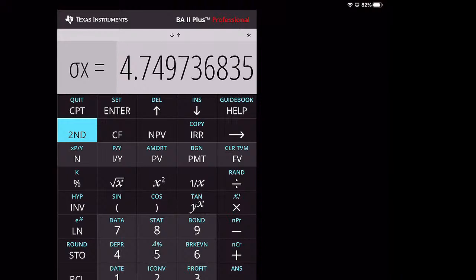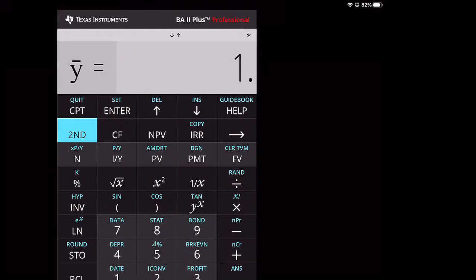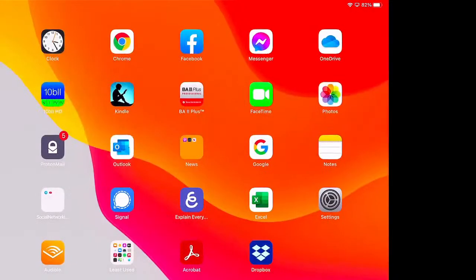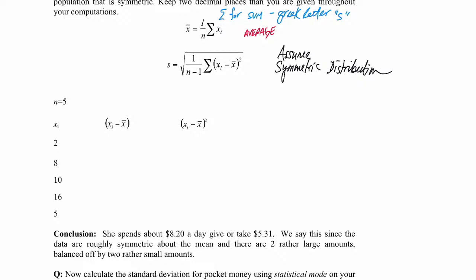So this is the mean. Let's go to the mean. It's $8.20. And then you were given SX is equal to 5, and I'm going to round this because these are dollars, right? So 5.31.